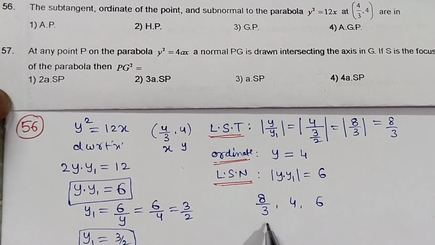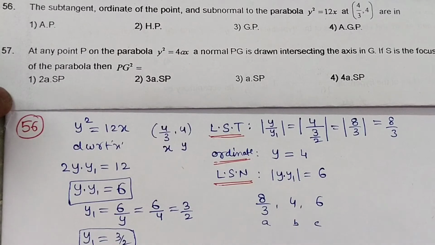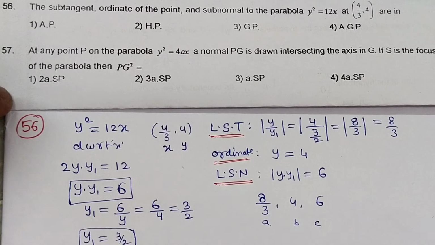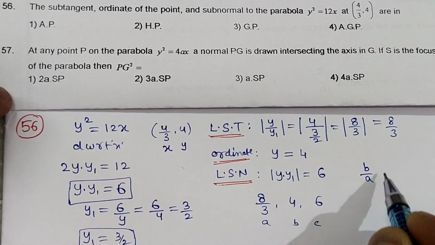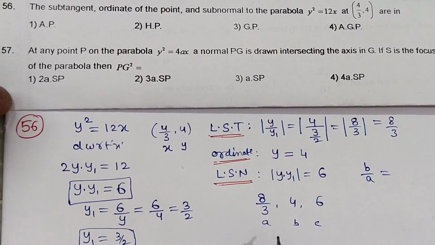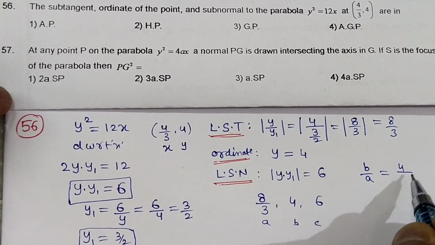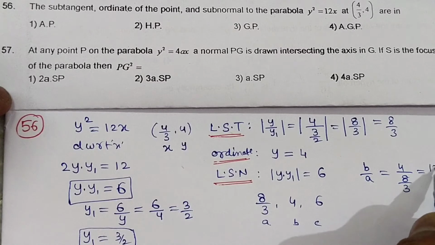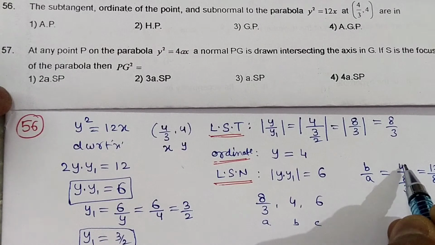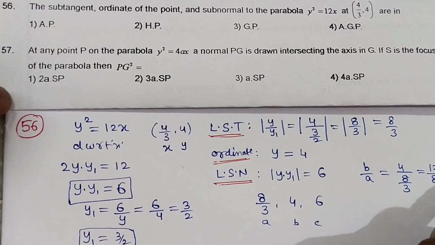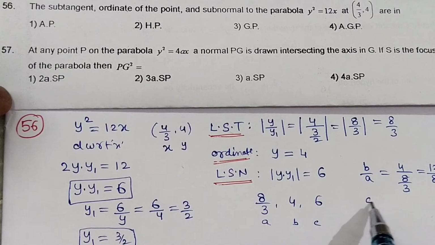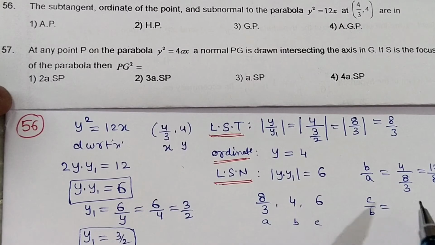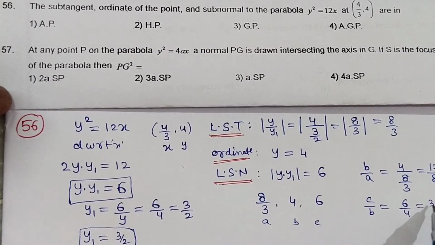Suppose we assume this is A, this is B, this is C. First common ratio I will check. Common difference clearly is not equal: B minus A and C minus B are not equal, because ratio is there. So first I am checking B by A: 4 by 8 by 3. So 12 by 8, 3 will become a numerator, 12 by 8, so 3 by 2. Similarly, C by B also I am doing: 6 by 4, that is equal to 3 by 2.